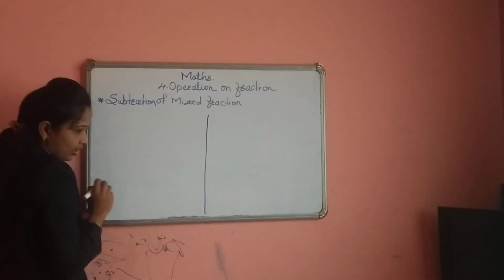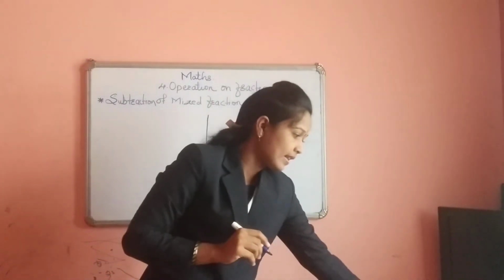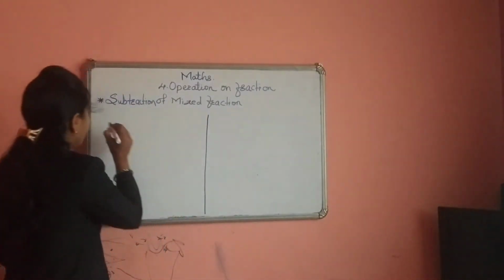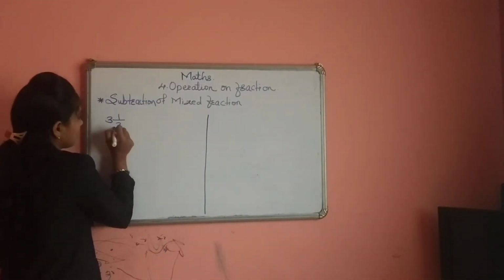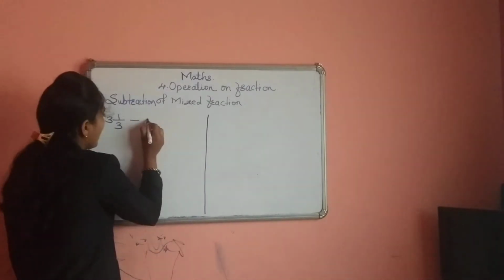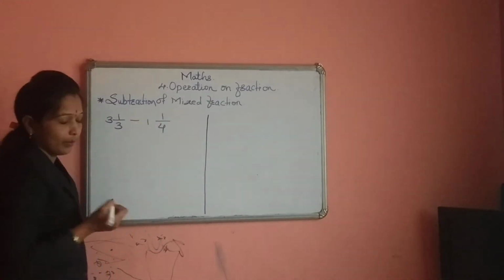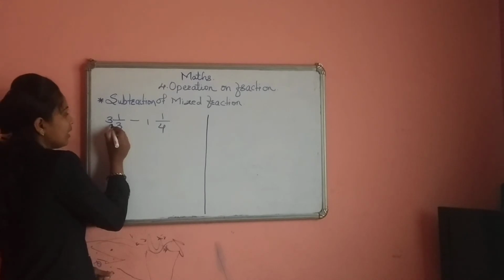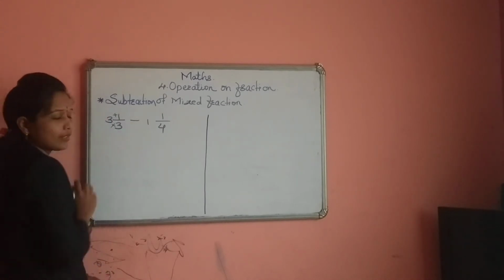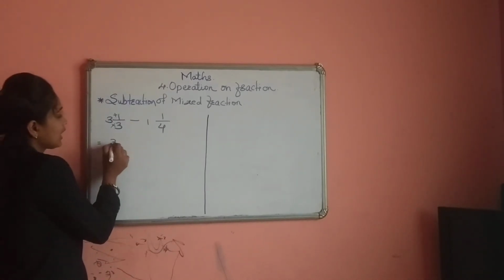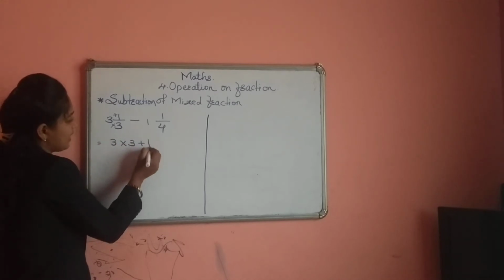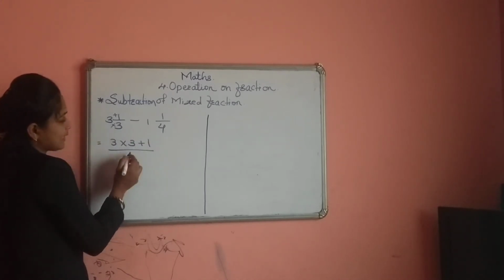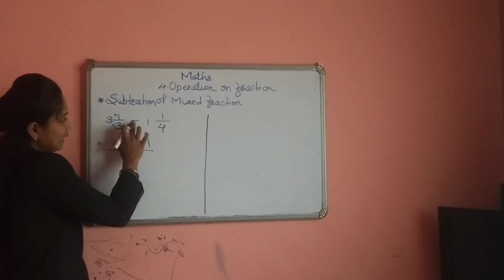Subtraction of mixed fractions. Suppose in your exercise the example given is 3 1 upon 3 minus 1 1 upon 4. Do it the same way: multiplication first, then addition. 3 multiplied by 3 plus 1, divided by the denominator 3. Write down the negative sign.